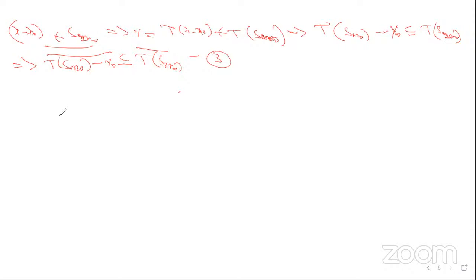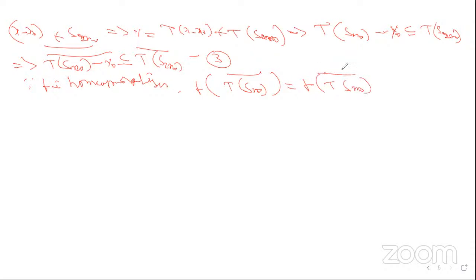Since F is a homeomorphism, F of T of S_n0 bar equals F of T of S_n0 bar. That implies T of S_n0 minus y0 whole bar equals the bar of T of S_n0 minus y0.